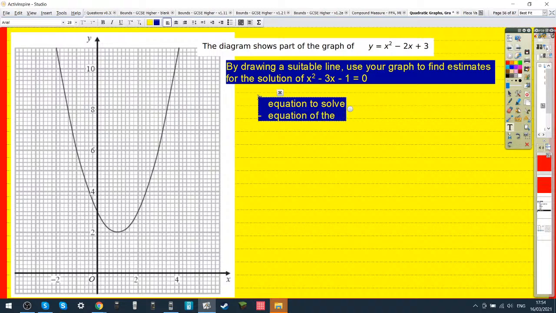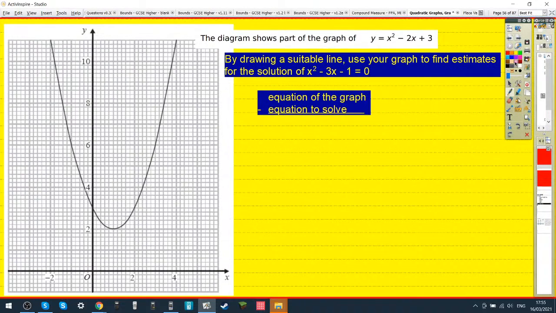So y equals x squared minus 2x plus 3. Yep.